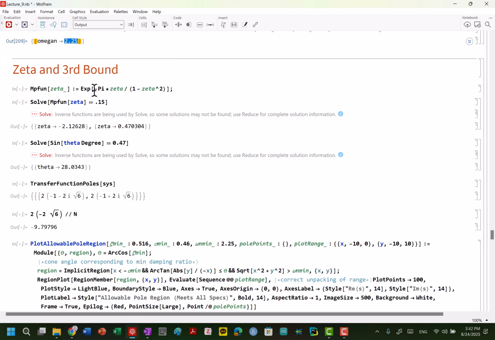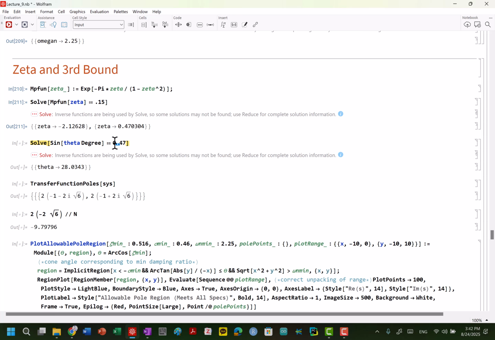Again, we need to hit that 15% overshoot, so 0.15. So we need to solve for zeta. We know it has to be positive, so our zeta bound has to be this.